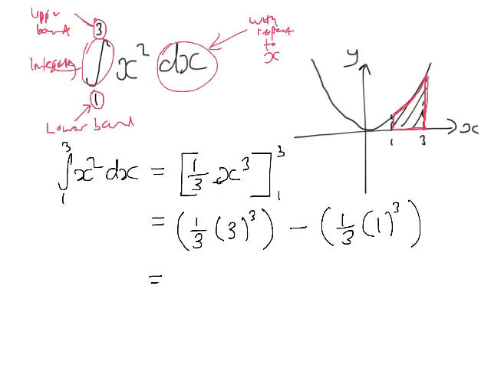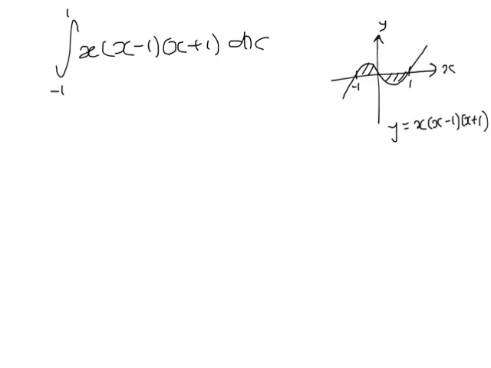So 3 cubed is 27, so we have 27 over 3 minus 1 cubed is 1, so we've got 1 over 3, which gives us 26 over 3. So what this tells us is that our area here is equal to 26 over 3 units squared.